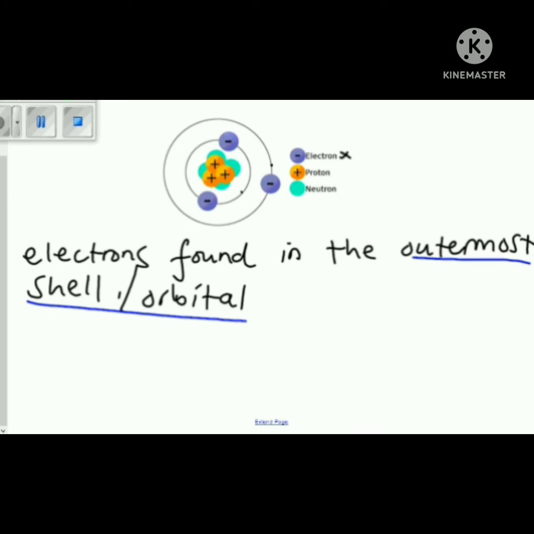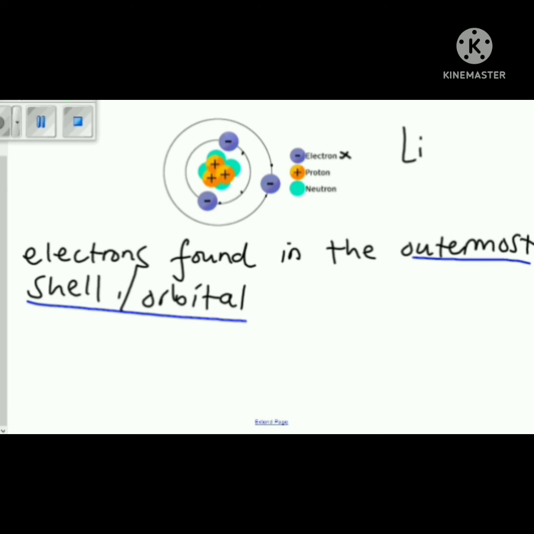You can see here we've got 3 electrons in total. This is a lithium atom. It has 3 electrons, 3 protons, and 3 neutrons. We have represented it by first putting 2 electrons into the first shell, which can hold only 2, and the second shell can hold 8, but it has only 1.